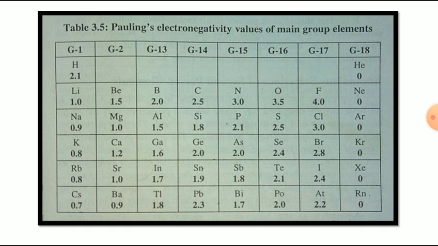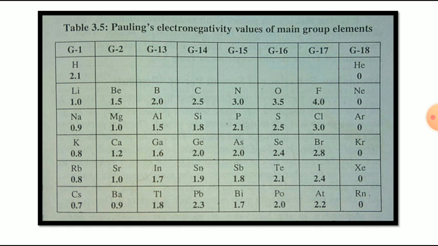Why does this happen? Because of the filling of d orbitals in germanium and tin, and d and f orbitals in case of lead. Due to the presence of these d and f orbitals, the values vary in case of this group number 14.